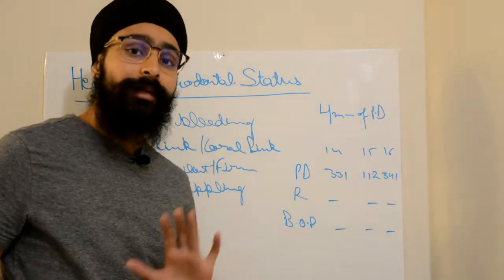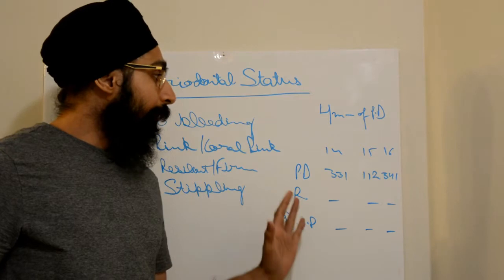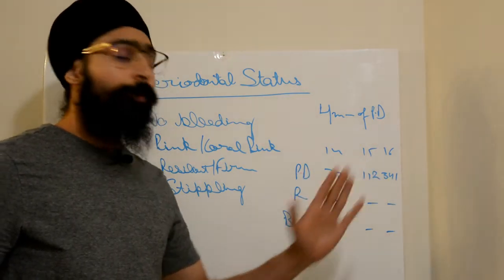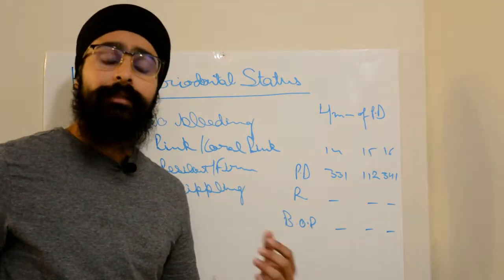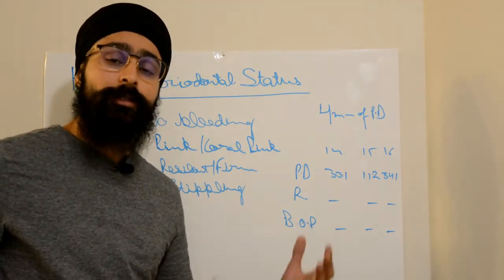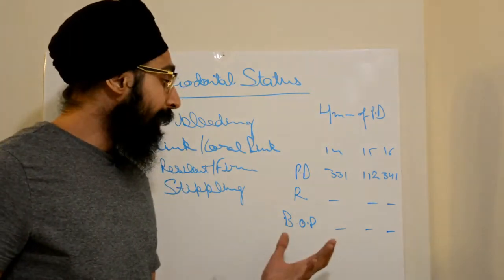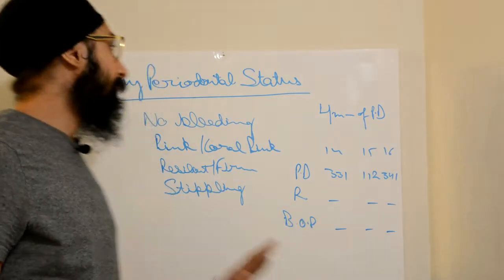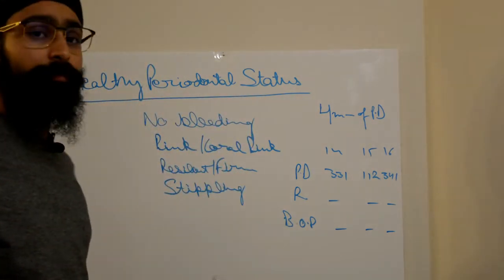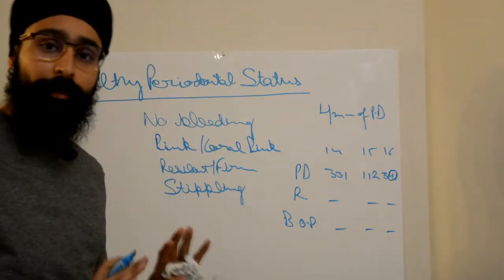So friends, to make things clear here only, I want to tell you, if you get a random 4 millimeter of pocket and the rest everything is normal, there is nothing mentioned in the medical history or chief complaint of the patient pertaining to a gum problem, and there is nothing in the perio chart, we still consider this as healthy periodontal status. Don't get mad at this, just ignore it.